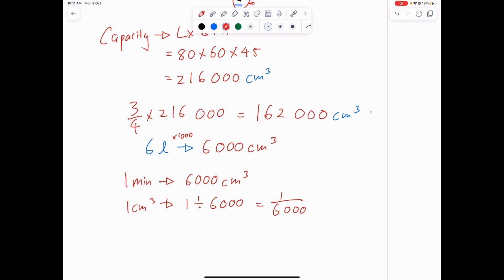And then therefore to fill 162,000 cm cube, you will need to take 162,000 times 1 over 6000. Your answer is 27 minutes.